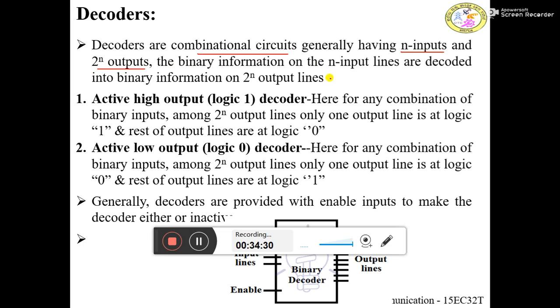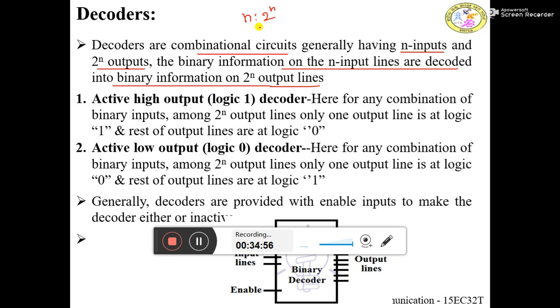Here the binary information on the n input lines is decoded into binary information on 2 to the power of n output lines. So basically it is an n to 2 to the power of n system, meaning it will have n inputs and 2 to the power of n outputs.